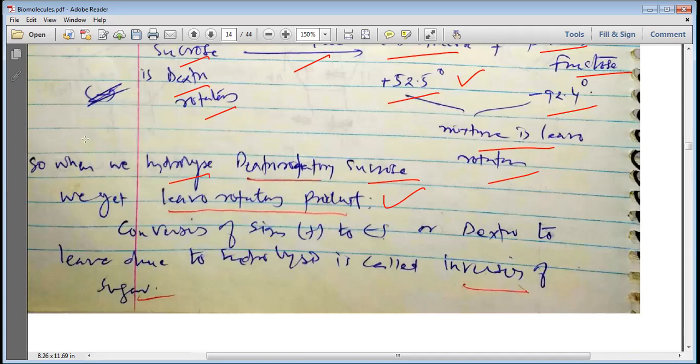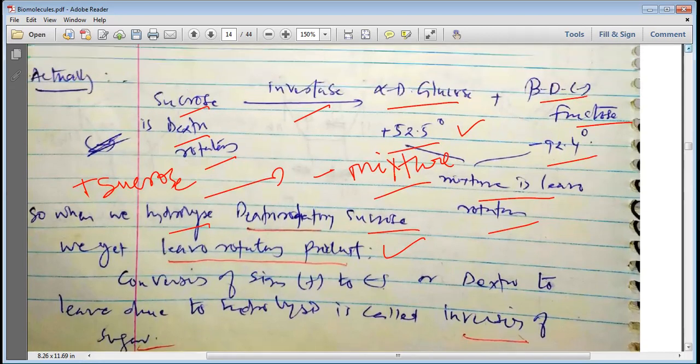So plus sucrose is converted into a minus overall mixture of alpha D glucose and beta D fructose, and that is one of the reasons why this process of formation of alpha D glucose and beta D fructose from sucrose is also known as inversion.